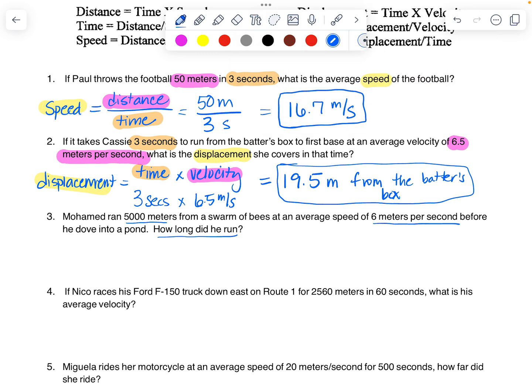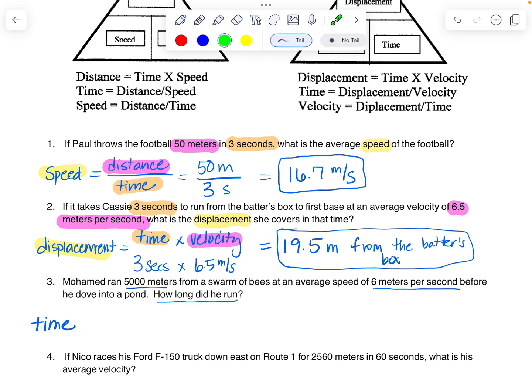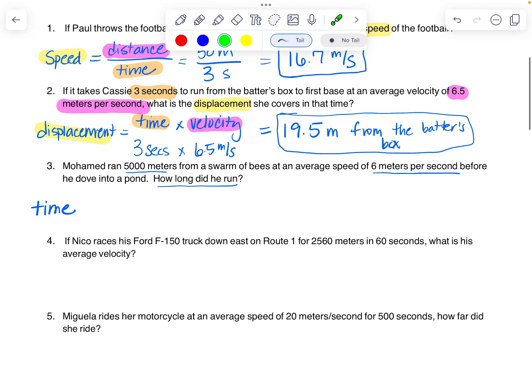Time. And if we look up here to our formulas, time is distance divided by speed. So time is distance divided by speed. And we said our distance is 500 meters.